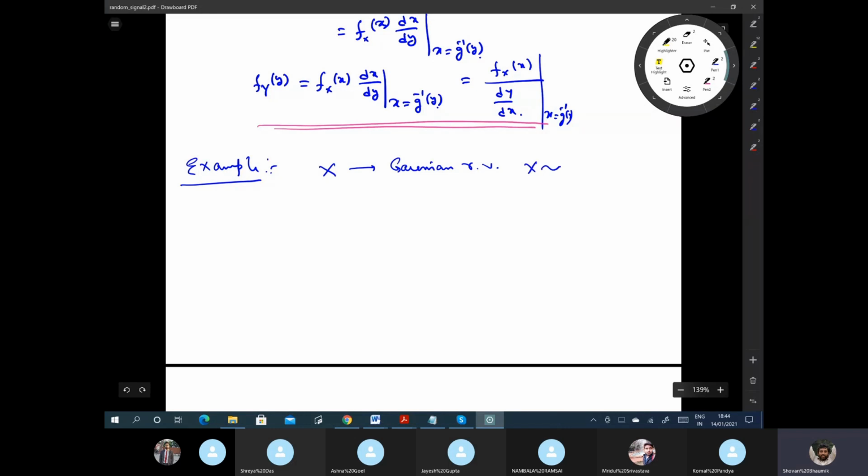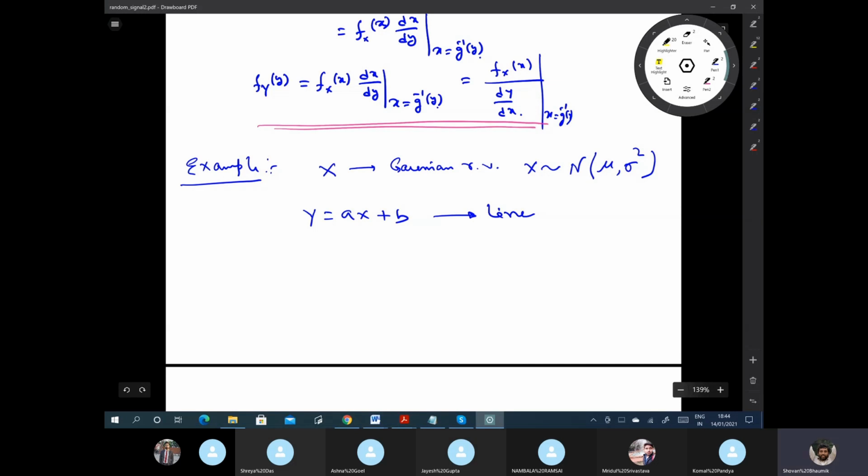We write it like this, N meaning Gaussian random variable or normal distribution, with mean mu and variance sigma square. Now this is the x. Now our y is ax plus b. What does it mean? It's a linear transformation. It means it is coming to a linear system.